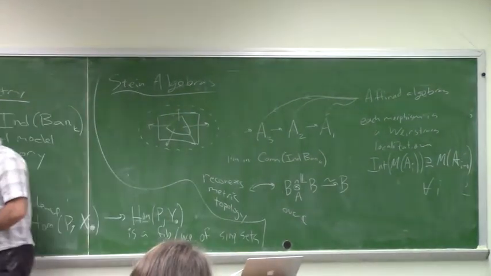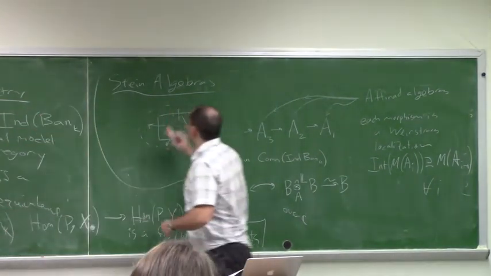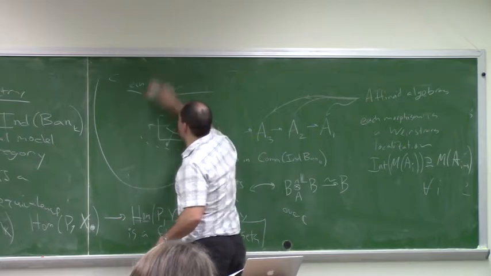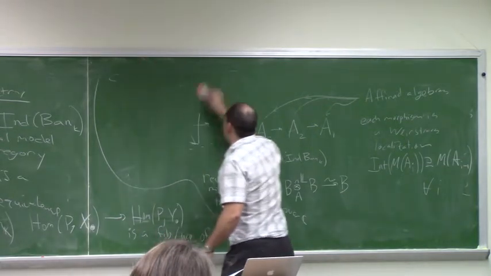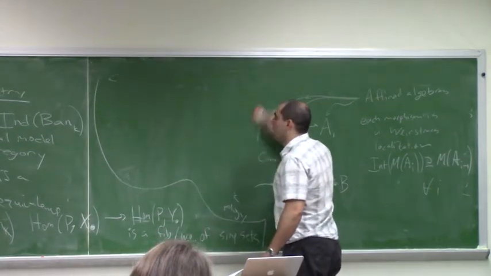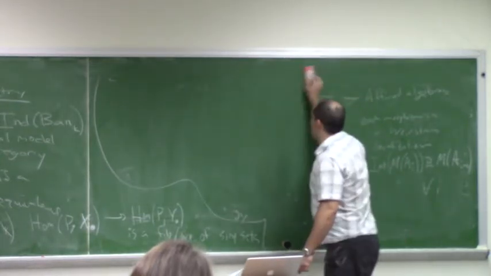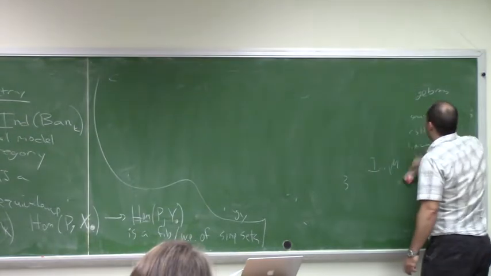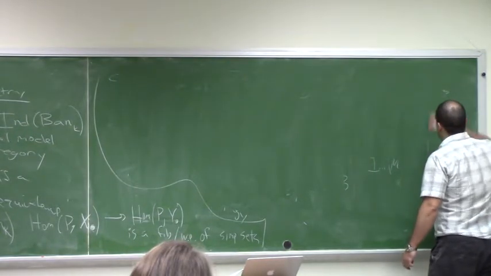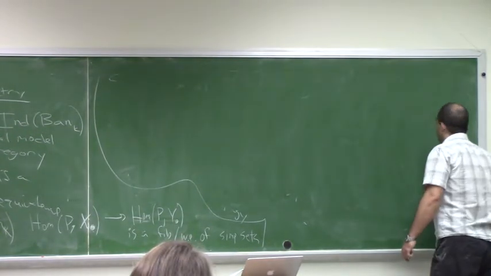Okay, so for people who have studied derived algebraic geometry, you need to put a topology, of course, on the affine objects. The affine objects are, say, simplicial or differential graded algebras.